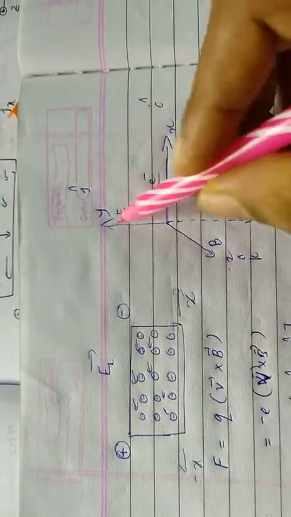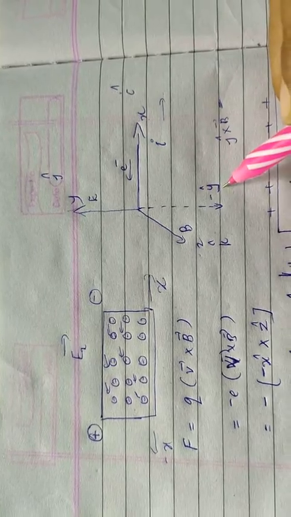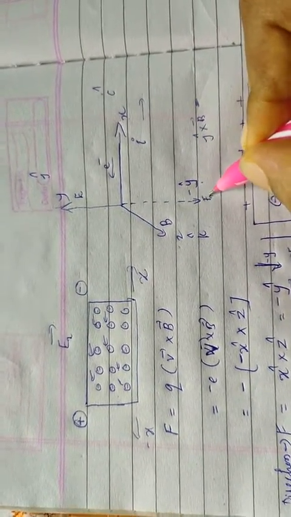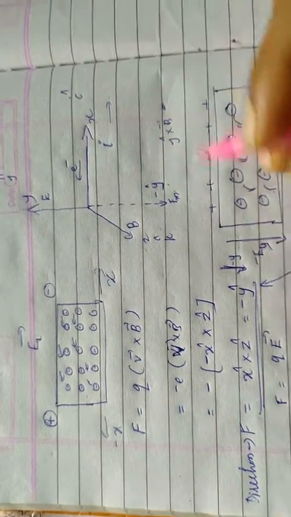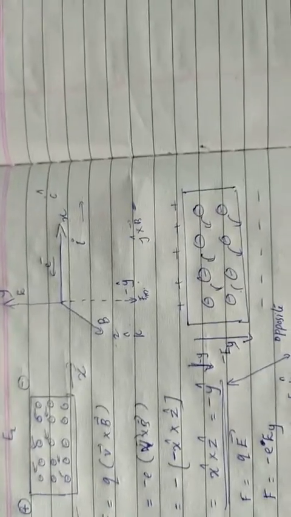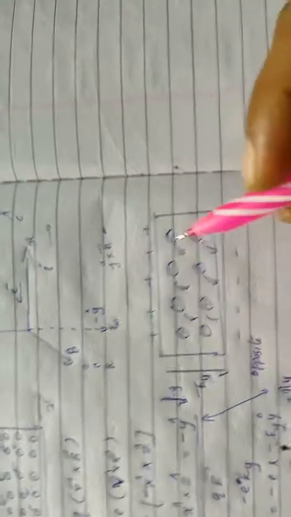This is the y direction, so minus y direction is here. So these electrons are experiencing a magnetic Lorentz force in the minus y direction.